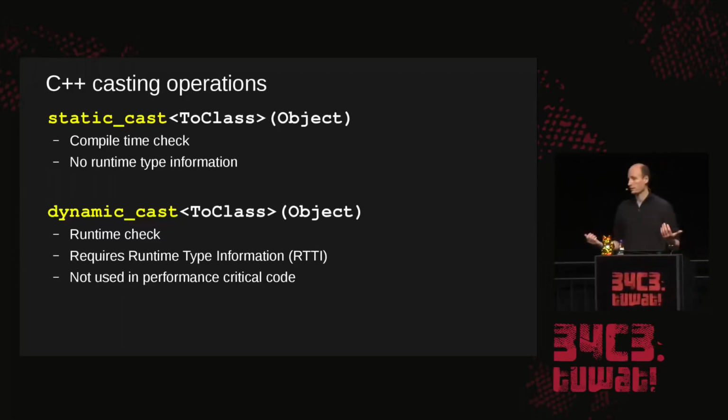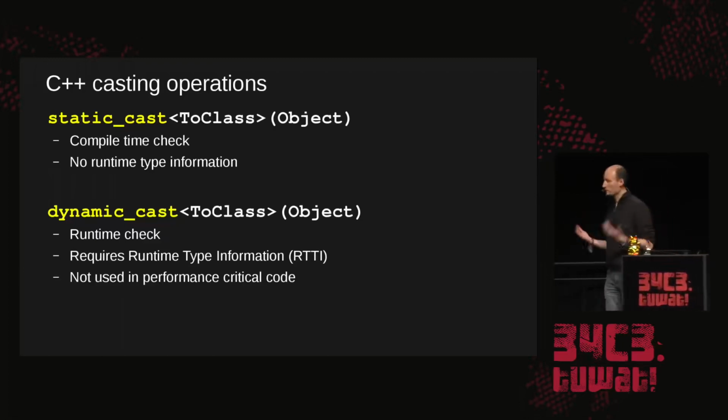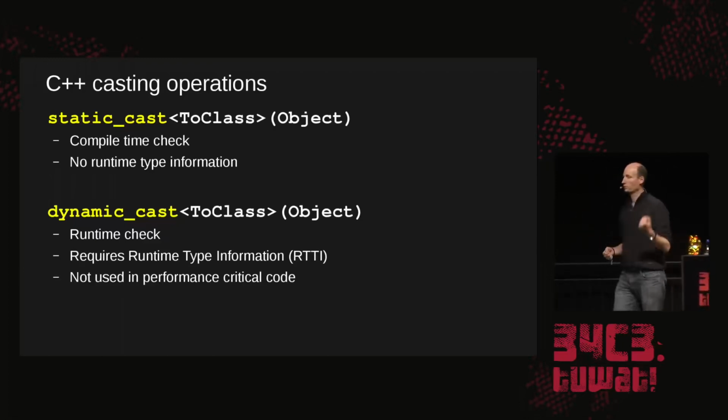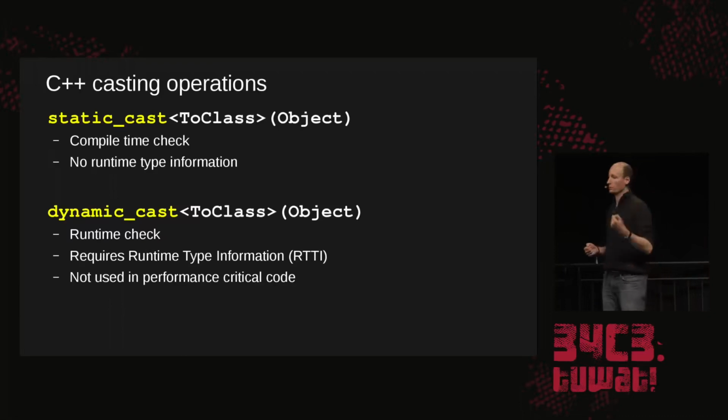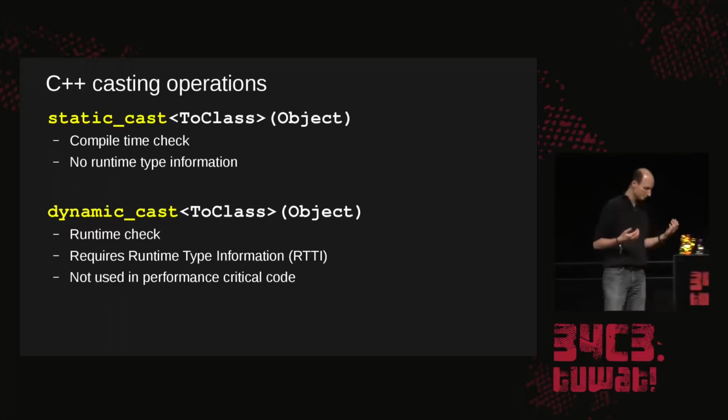And in C++, the dynamic cast leads to a runtime check. Now, to actually execute a runtime check, you need the runtime type information to be able to decide, hey, what is the actual type of the object? What is the type of the memory area that we are looking at? You need to identify the underlying type of the memory object in some form.